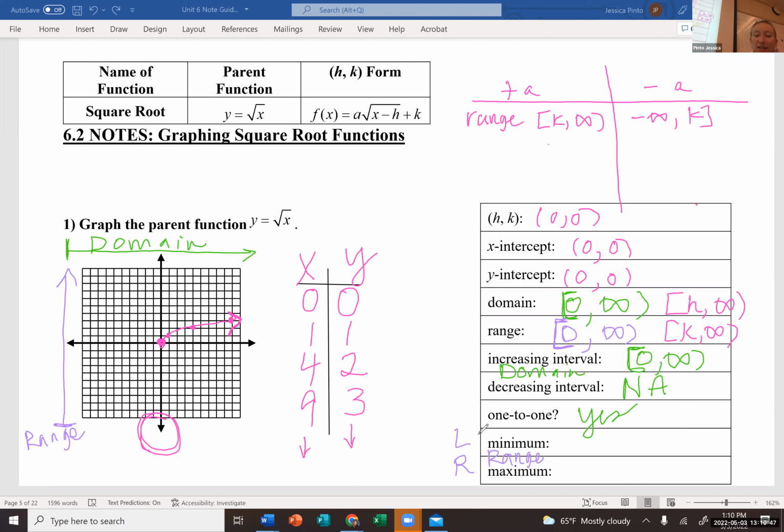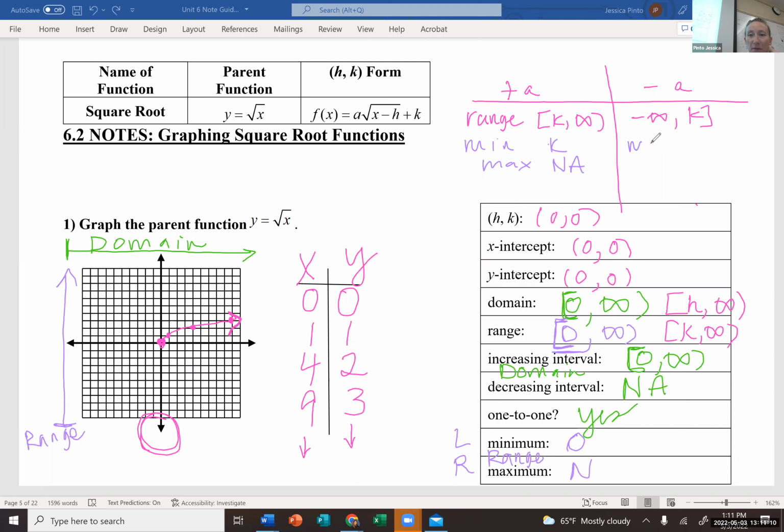So in this case, the minimum is what value, Theo? Oh, good. And what about the maximum, Theo? NA, excellent. So when we have a positive A, we're going to have a minimum of K and a max of NA.